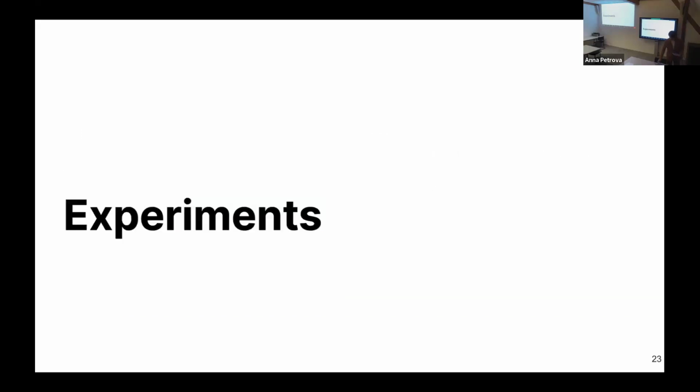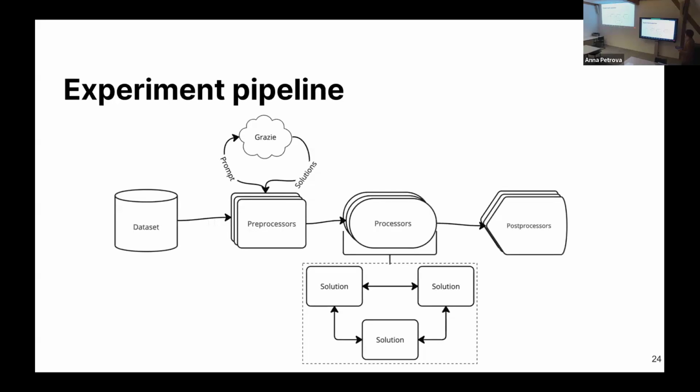So let's talk about experiments. For the experiments, I set up this pipeline. From the dataset, we generate solutions using APIs that utilize some OpenAI models. After that, they pass to preprocessors that prepare and filter the solutions.